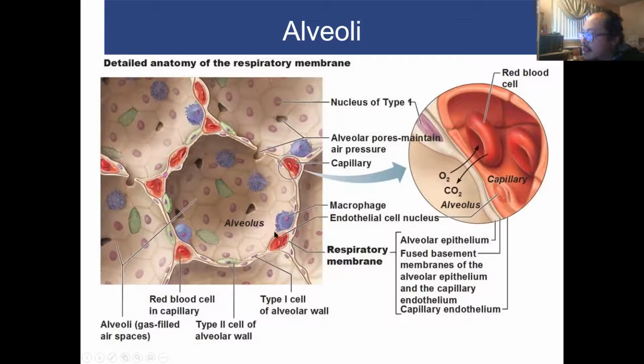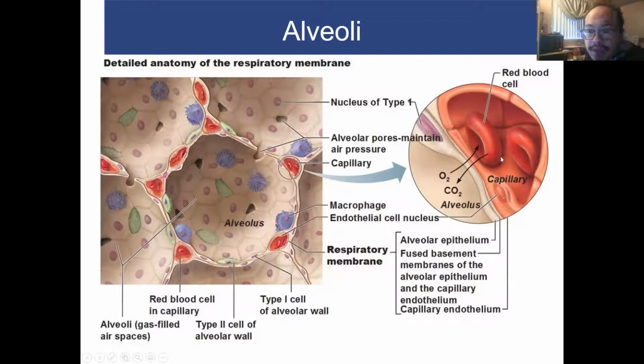So in this region, for example, we have the air and we have the capillary. So we have the gas exchange. O2 breathed in will get diffused. O2 is a gas, so it can diffuse across the membrane into the capillary, picked up by the red blood cells.